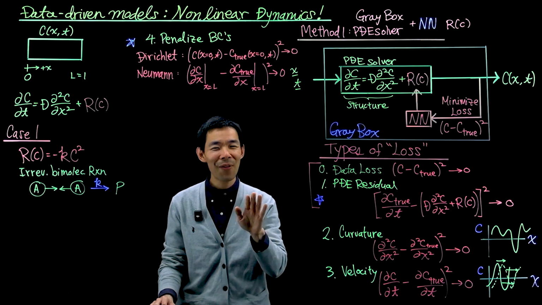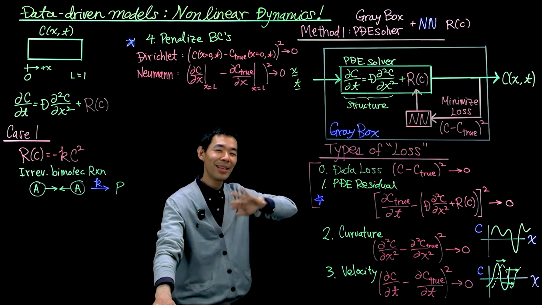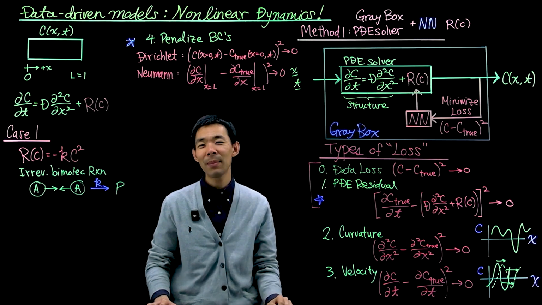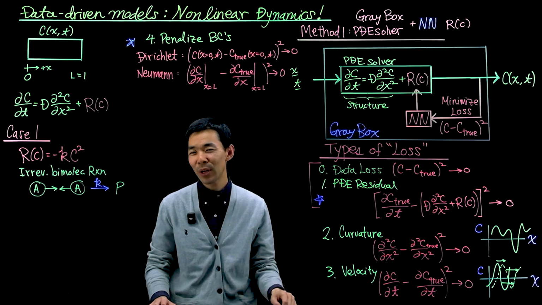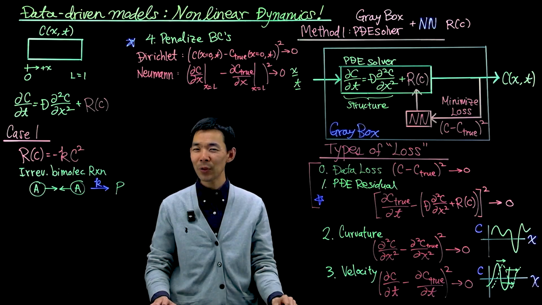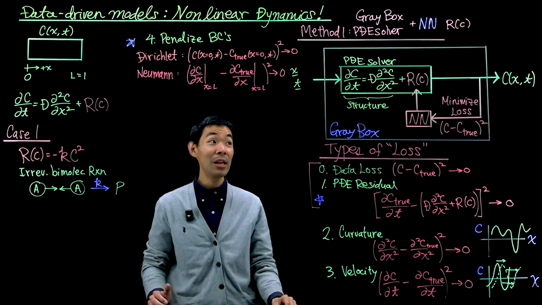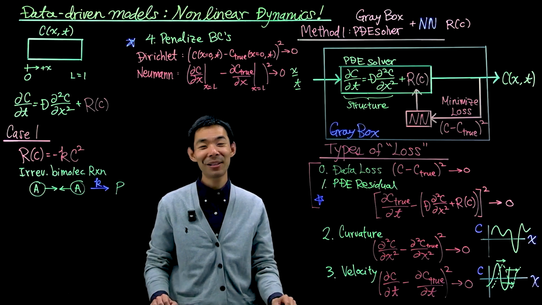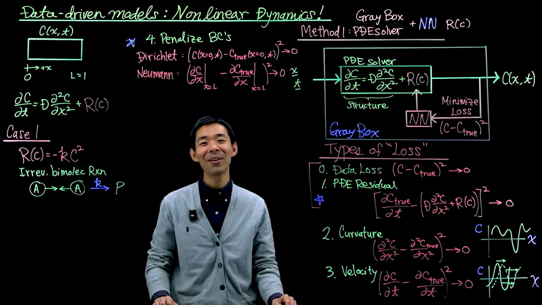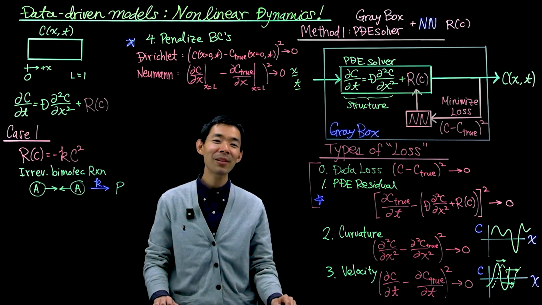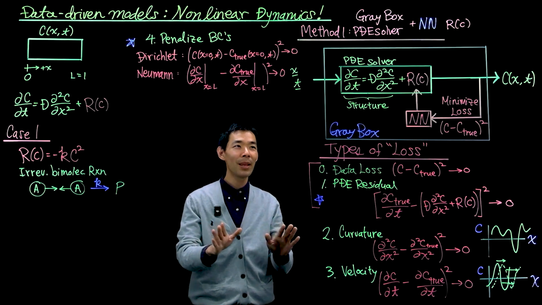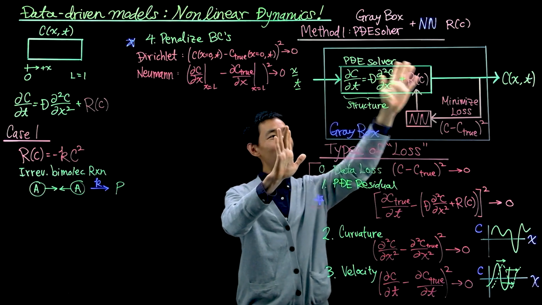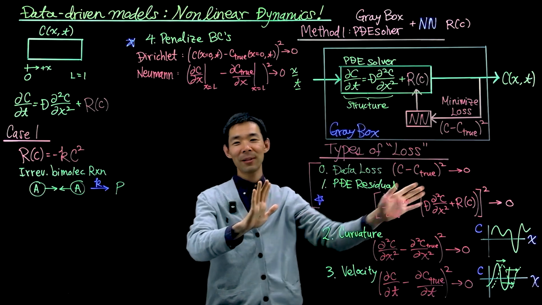I'm going to talk about that kind of fitting in the next video when we talk about sparse regression approaches, which is also a very popular and increasingly powerful technique, especially as our data gets better and better in terms of our measurements. So I'm going to talk about that a little bit later. But for today, this was a good example where I showed you how this all works.